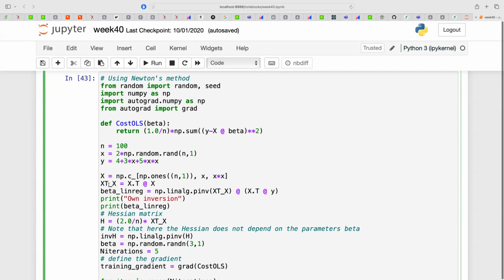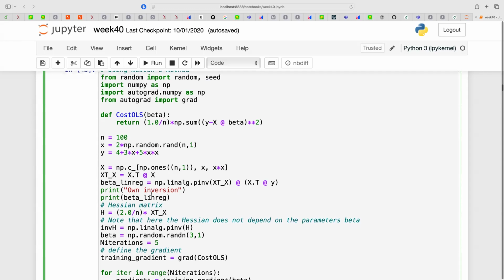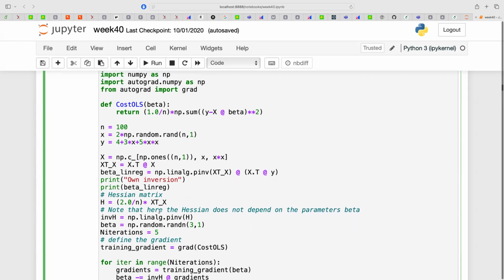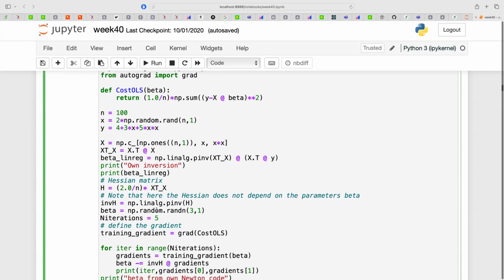So this X^T X here is just the transpose matrix times X. This is my Hessian. And note that this Hessian matrix does not depend on the parameters beta. So I can actually invert that once and for all. Now, the problem with logistic regression is that the Hessian depends on the parameters beta for every iteration, which means that I would have to invert the matrix every time I update the parameters beta.